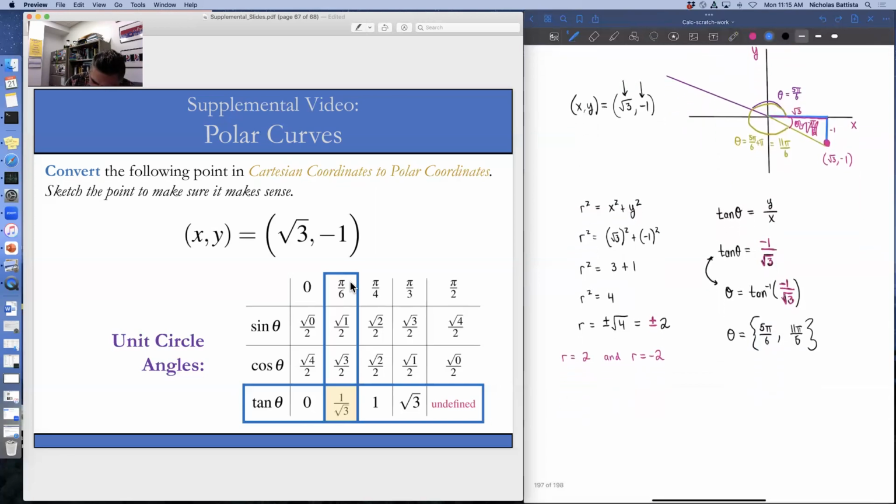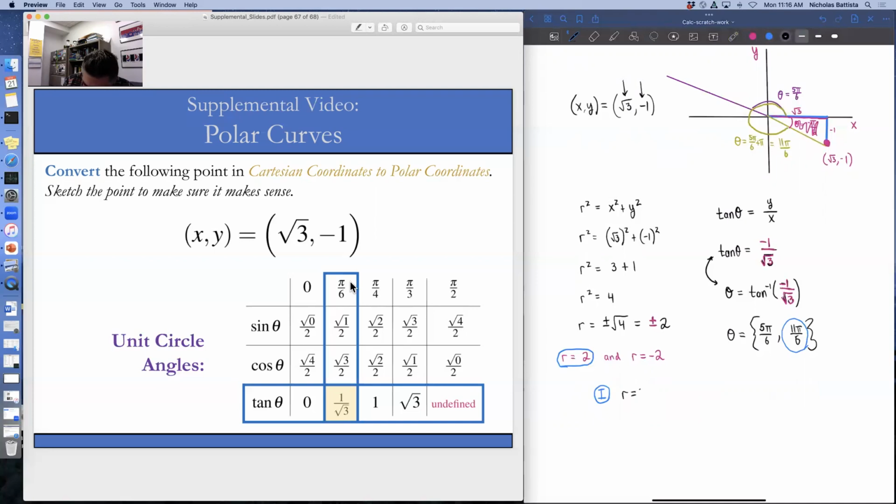Okay. So let's start off with the first thing I do, which is basically, let's think about a positive polar radii at first. Because what a positive polar radii tells us is, we're going to move a distance equal to 2 now from the origin. And since that polar radii is positive, we're going to move that distance 2 in the direction of the angle it's paired with. So in this case, if we have r is 2, we want to be in quadrant 4. Let's take this 11 pi over 6 angle.